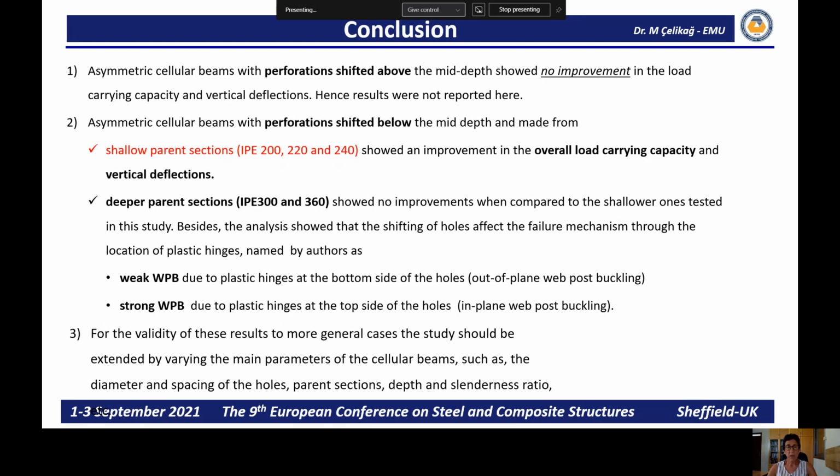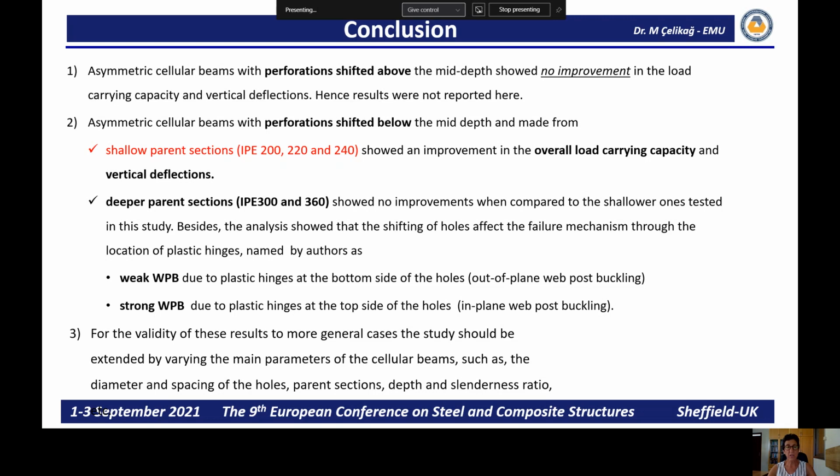Asymmetric cellular beams with perforations shifted below the mid-depth and made from a shallow parent section, which is IP 200, 220, and 240, showed an improvement in the overall load carrying capacity and vertical deflections, whereas when we consider the deeper parent sections, IP 300 and 360, these show no improvements when compared to the shallower ones tested in this study.